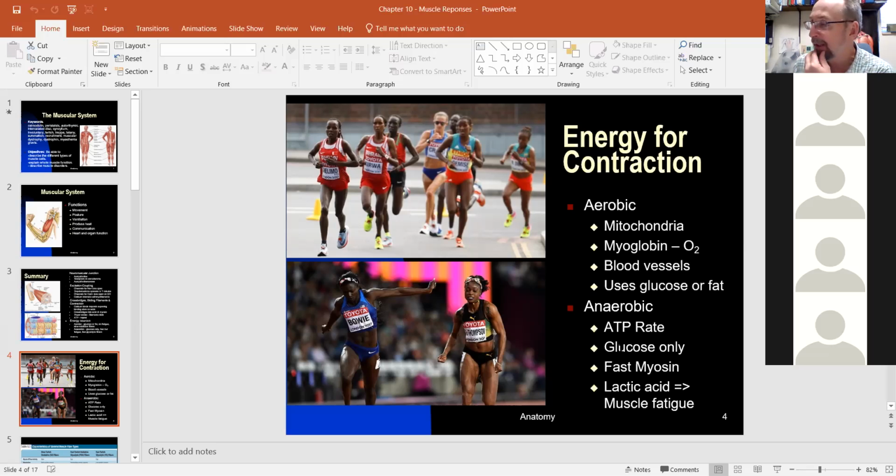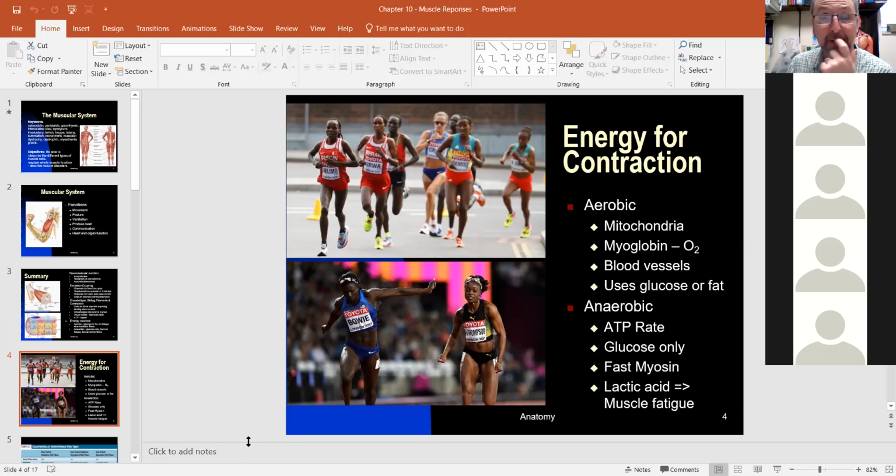And I realized that I could never beat those guys in a short race. But anything over 500 meters, they couldn't keep up with me. They could run fast for about half that distance, and then they were just done. And that's the difference between having these slow oxidative versus fast glycolytic fibers. That there's this huge difference.